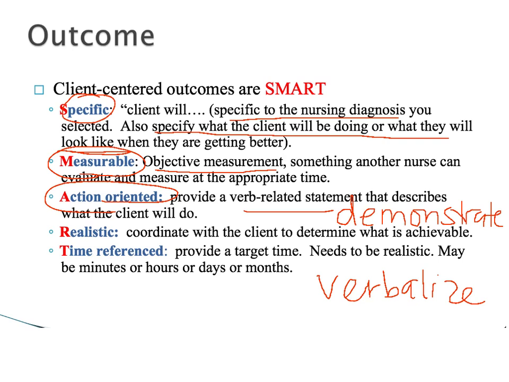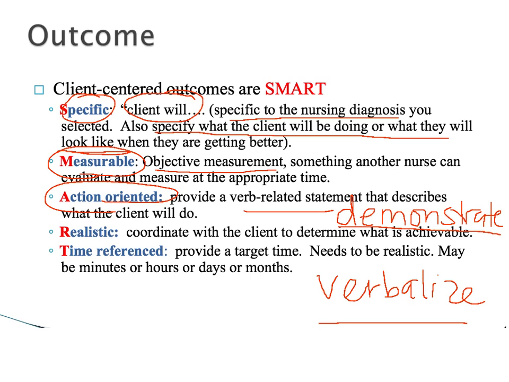If you start out your outcome statement by using the words client will demonstrate, then that means they're going to actually have to show you something or show any other nurse something, and you're going to have to actually watch them. Or if the outcome statement says client will verbalize, then that means that they need to tell you something.